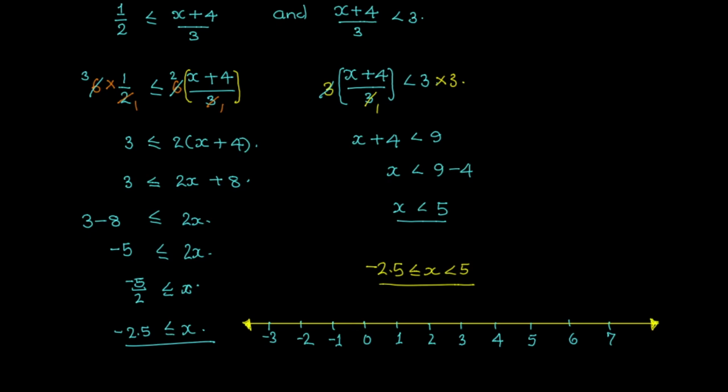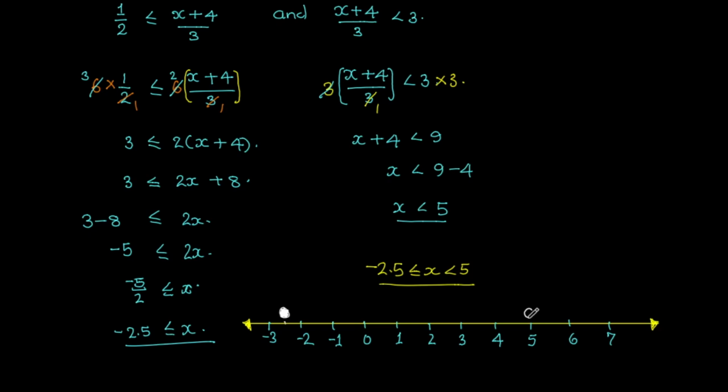Now getting our points, negative 2.5 is between negative 3 and negative 2. So our negative 2.5 is lying here, and this time it is less than or equals to, so we set it solid. Moving to the other side, we have 5.